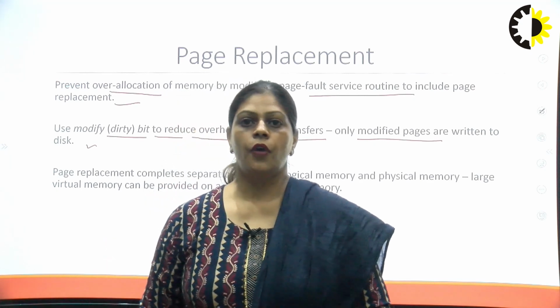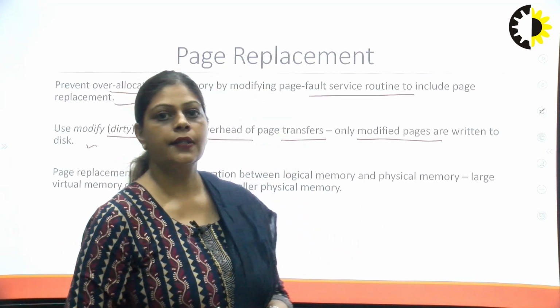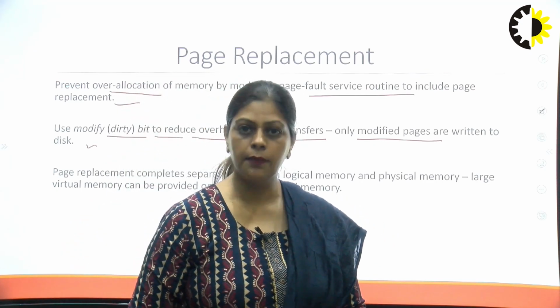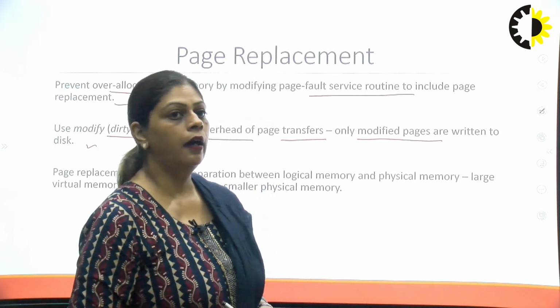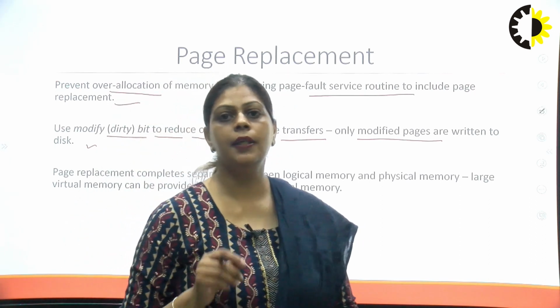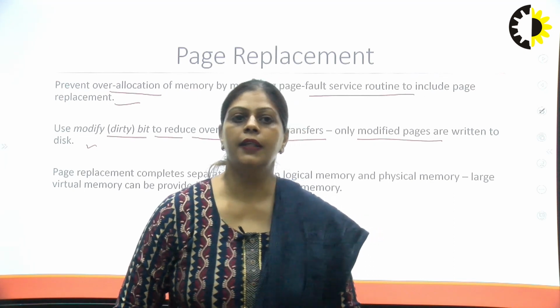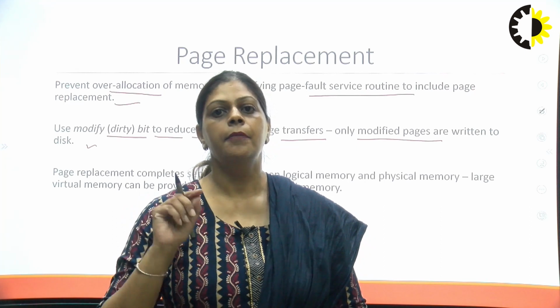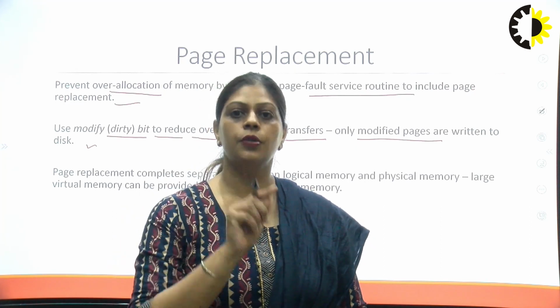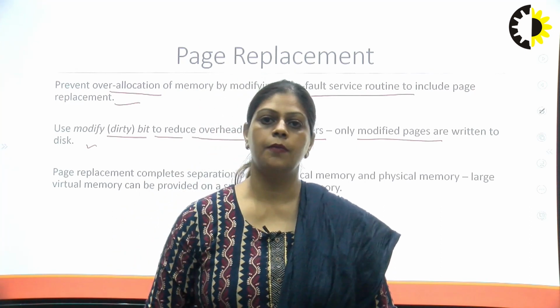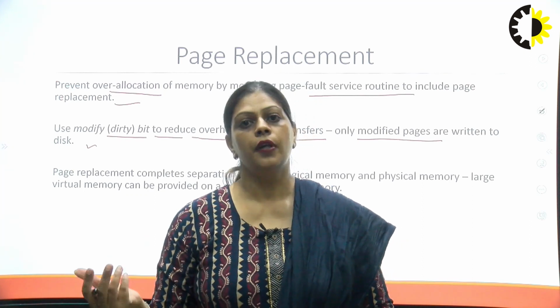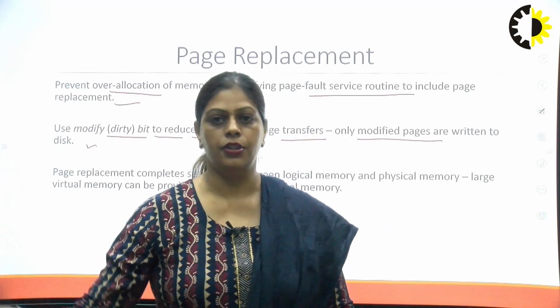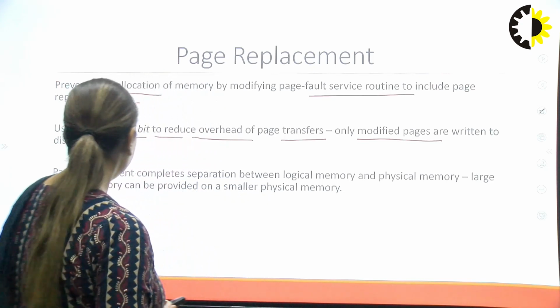But if we have modified it, then we have to write it again on the backing store. For that, we associate one dirty bit, or modified bit, with every page. If we modify the page, we set that bit. It is an indication to the OS that the page has been modified and we have to rewrite it in the backing store.